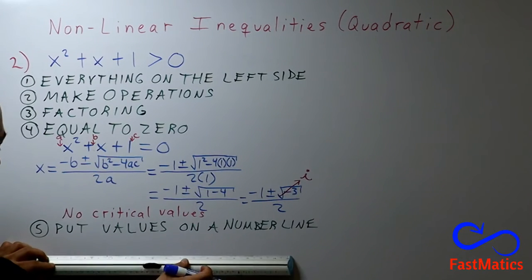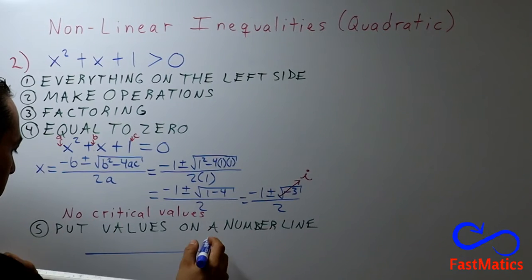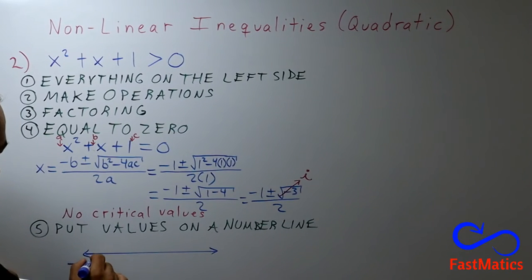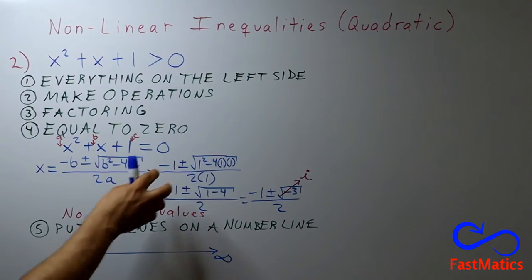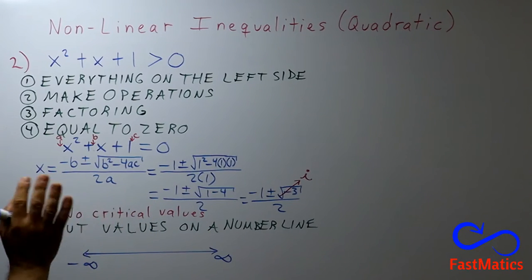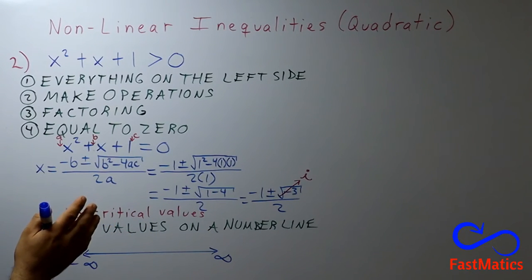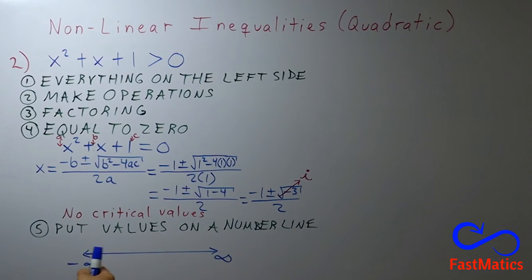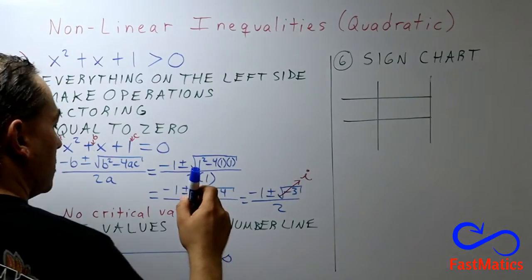That is, you draw the number line, and usually you take the critical values and you put them here, but you have nothing. So you are going to make your chart without numbers, that is from negative infinite to positive infinite.